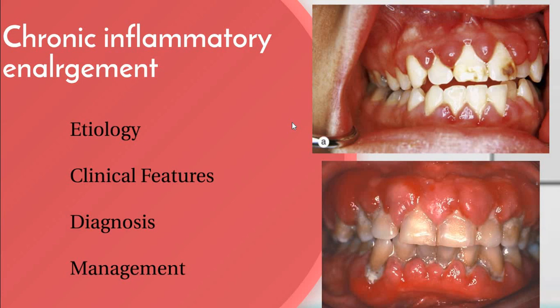So here, to identify the case, you should know the clinical features. Regarding the site, the enlargement is generally papillary or marginal, localized or generalized, either affecting the marginal gingiva, free gingiva, or the papilla. And the appearance of the swelling, it appears as a slight ballooning of the interdental papilla or the marginal gingiva.